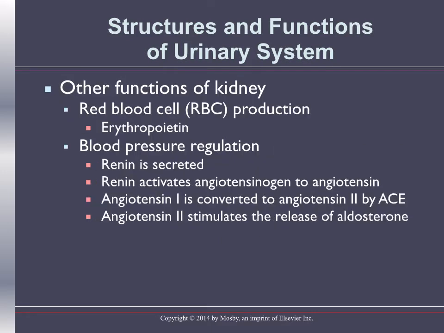Other functions of the kidney include red blood cell production, which is a very important function. As soon as somebody has a problem with kidneys, we want to go and look at their RBCs. Erythropoietin is a hormone produced in the kidneys and secreted in response to hypoxia and decreased blood flow.